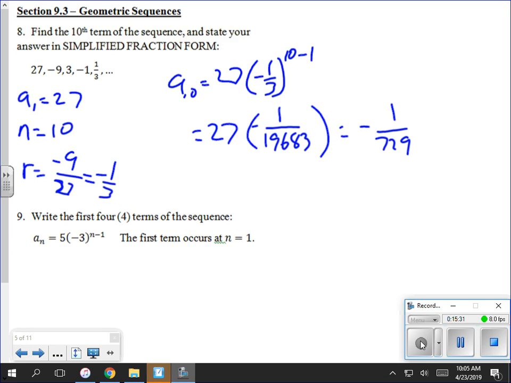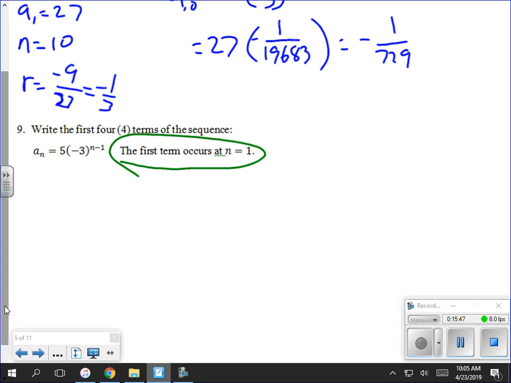Question number 9. You're given a very important hint on how to do this problem. Do the first 4 terms. The first one, n is 1. So a sub 1 is 5 times negative 3 to the 1 minus 1 power. 1 minus 1 is 0.